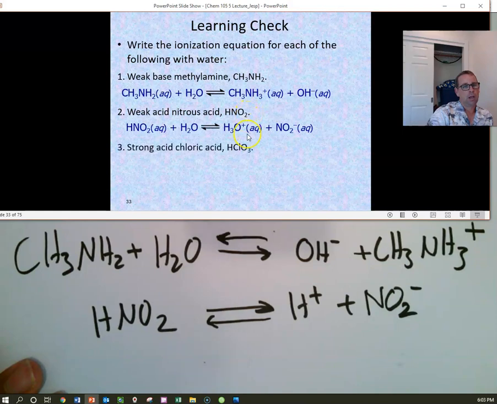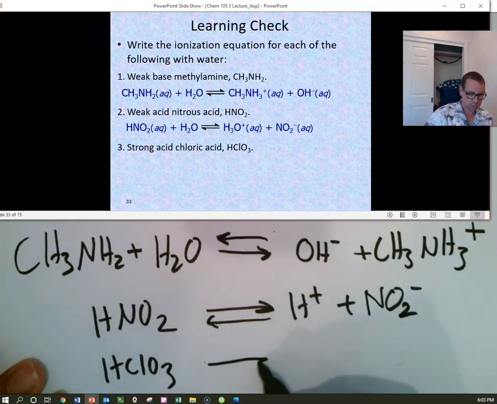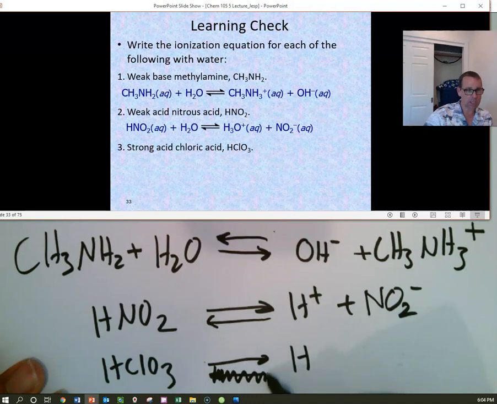All right. Now our strong acid, HClO3, chloric acid. What are our dissociative products again? H. Oh, whoops, this is not going to be a weak acid. It says right there, strong acid.